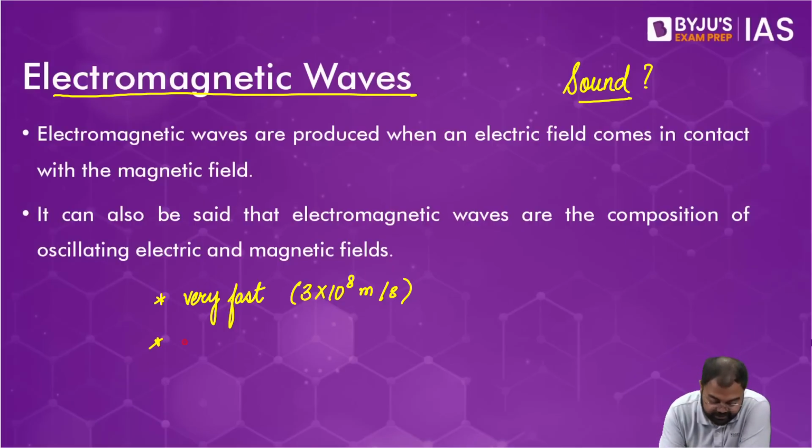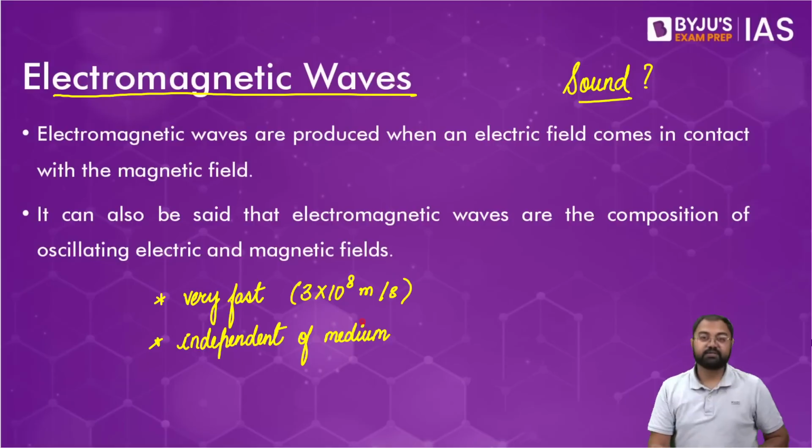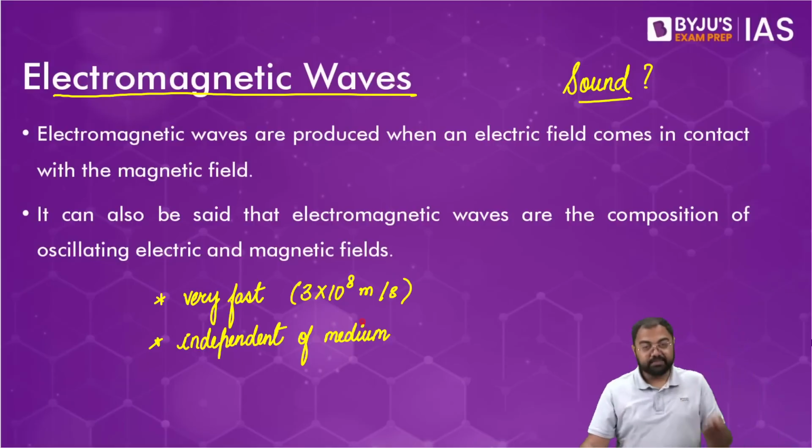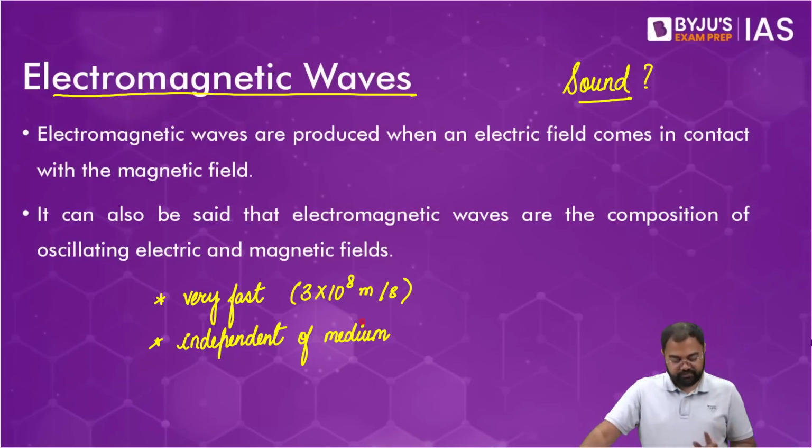And they are independent of medium. It doesn't matter what medium they are traveling through, they would always travel with the same properties, the same speed and everything. That is how we see that electromagnetic waves become important.